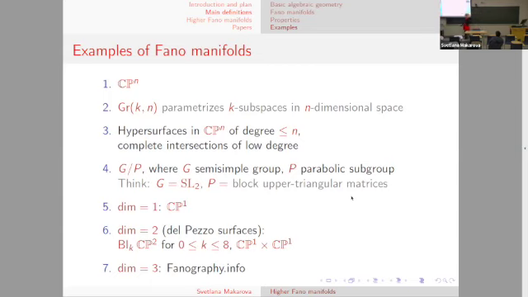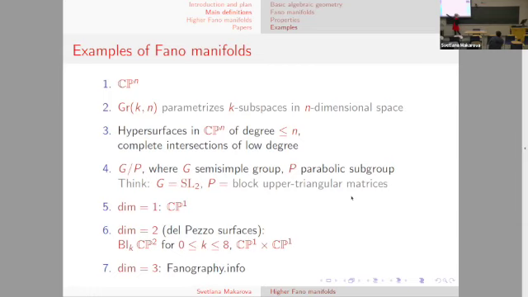Going back to our trichotomy for Riemann surfaces, we can remember that Fano varieties are characterized by having positive curvature. So the only curve that is Fano is CP1. And in dimension 2, Fano manifolds are called Del Pezzo surfaces, and there is a complete list of those.